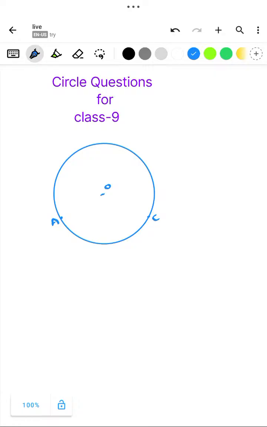And angle AOC, this angle is 150 degree. And there is a point on the circumference of the circle, and this is connected to B like this.